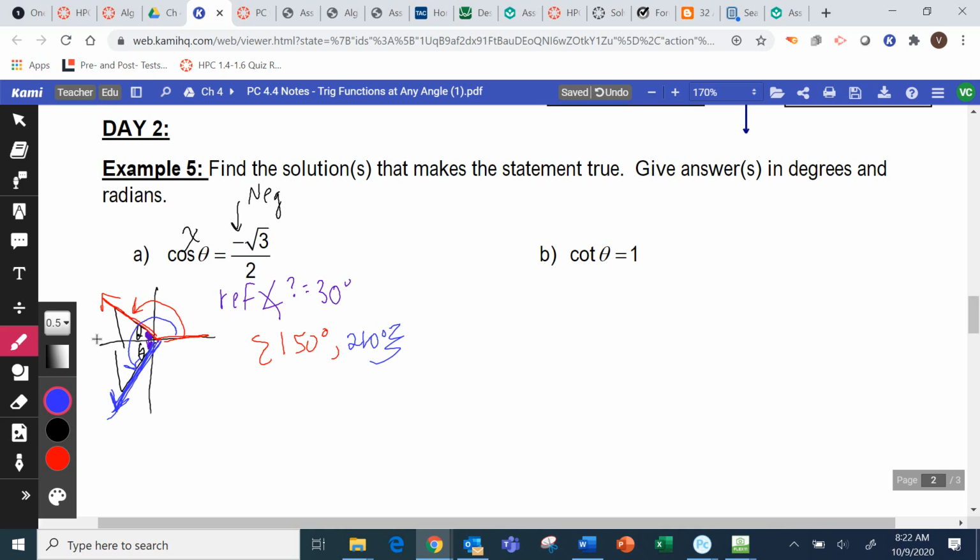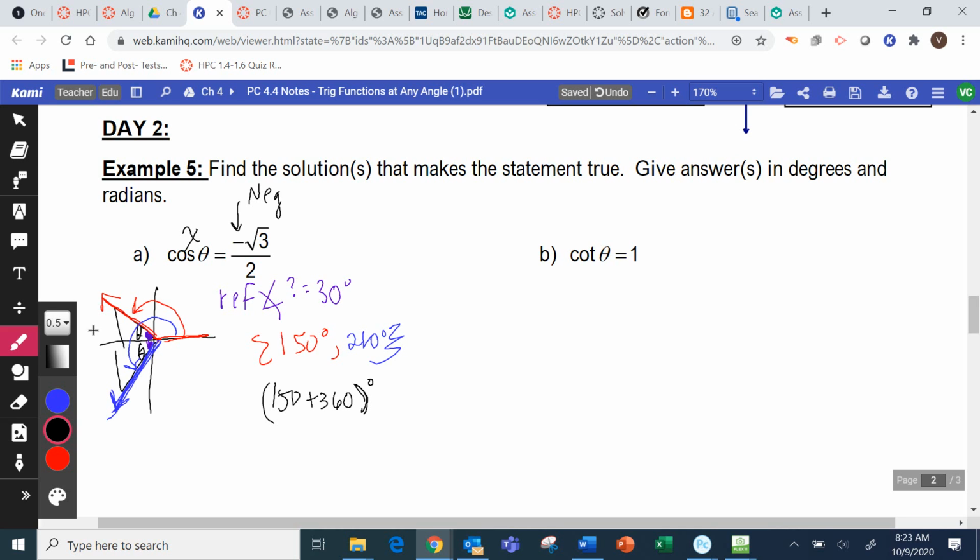Could I have gone around twice? How do you make a coterminal angle? If I know 150 is an answer, how do I make a coterminal angle with 150? We add 360 to it. So if I'm taking that 150 and I'm adding, actually let me do it this way, 360, how many times can I add 360?